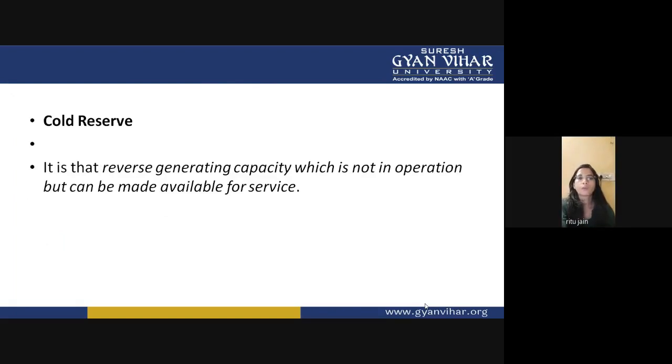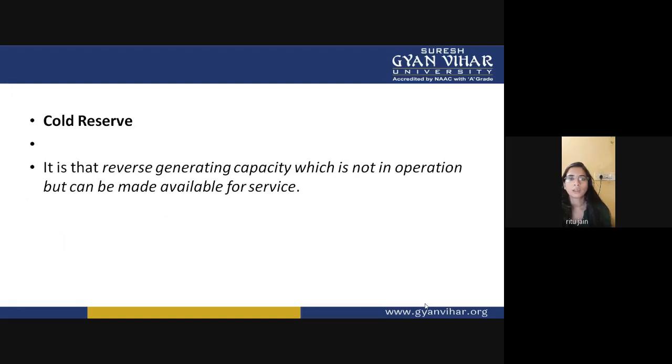First, we have to understand what cold reserve is. Reserve means something which you are keeping for later. Cold reserve is reserve generating capacity which is not in operation but can be made available for service.